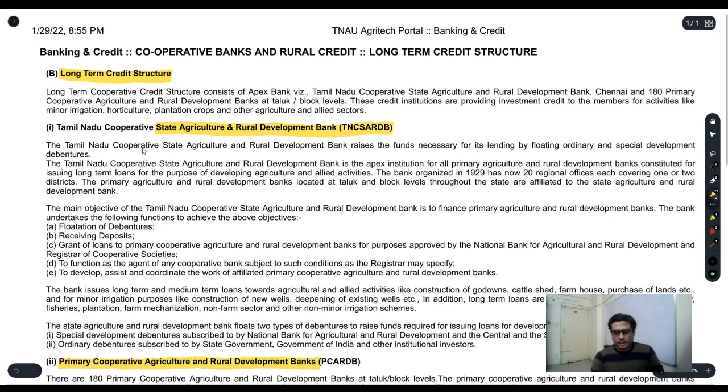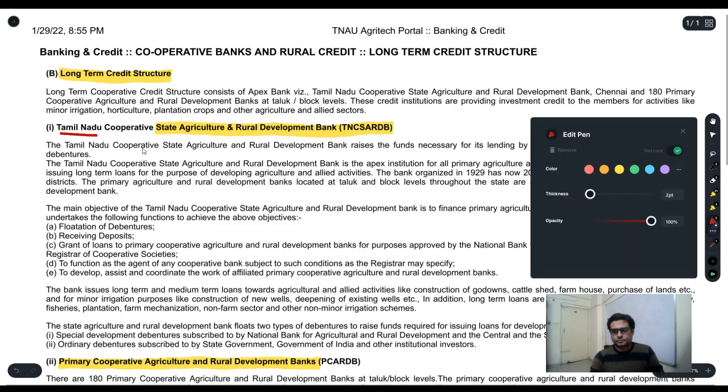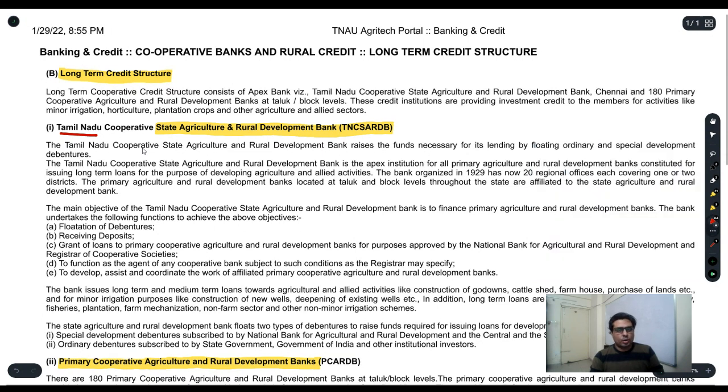So here the prefix is Tamil Nadu. For the state of Uttar Pradesh, it is going to be UPCSARDB. So only the prefix is going to change, and maybe some small functioning will change, because I am repeating again and again, every state has its own cooperative society structure.